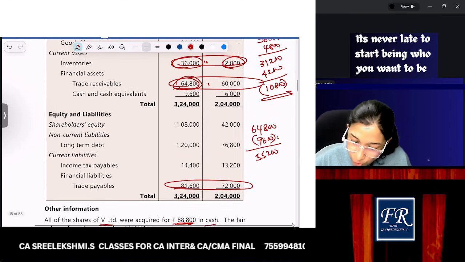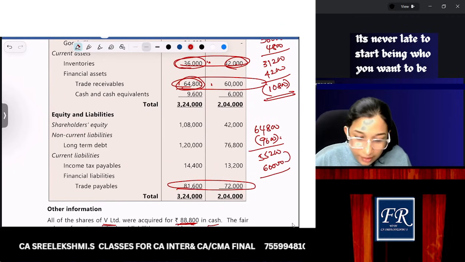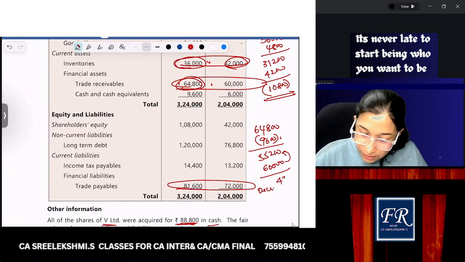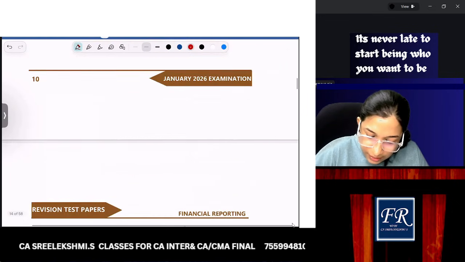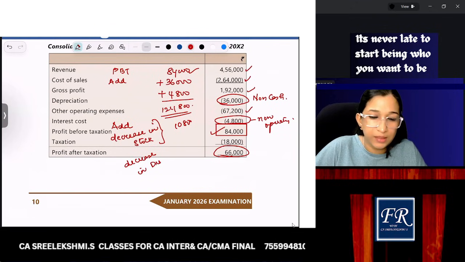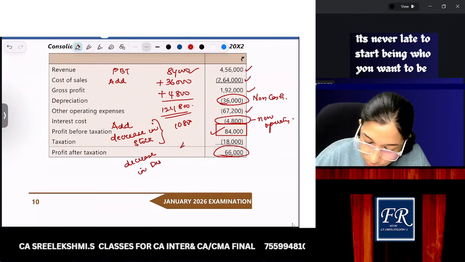Of this 55,200, opening was 60,000. So again, there is a decrease in trade receivables of 4,800. Decrease in trade receivables, decrease in debtors, is to be added. How much is the decrease in trade receivables? 4,800.